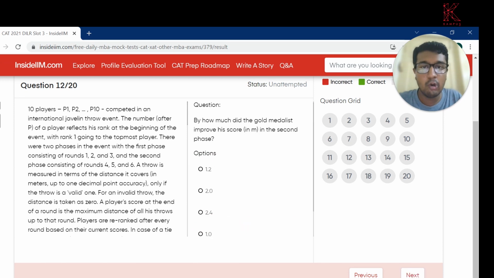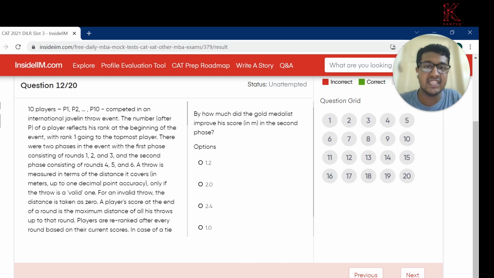By how much did the gold medalist improve his score in the second phase? Okay, so now I have those improvement numbers. I just wanted this number to make the question easier. Otherwise, you could have done that, but with a bit of hit and trial.